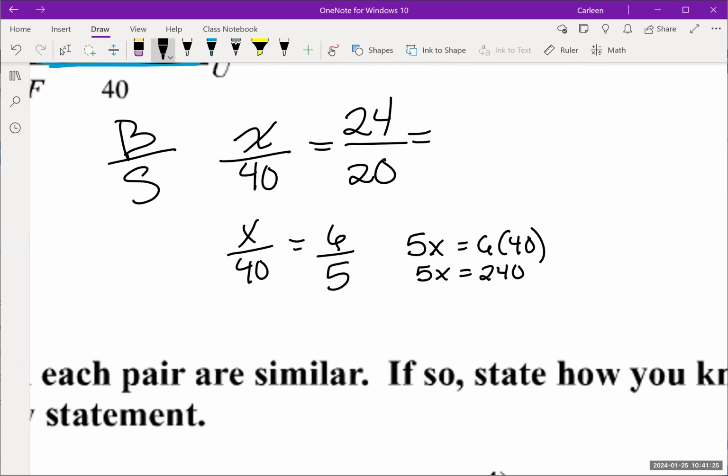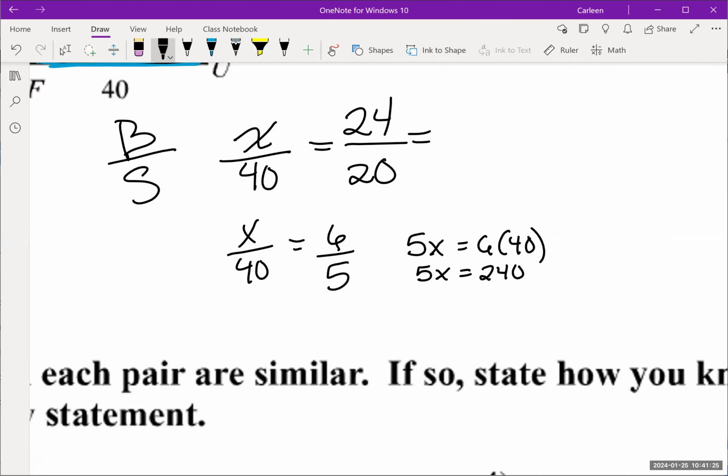All right. Good job. Divide by 5. X is equal to 48. Awesome. Okay, we're going to keep going.